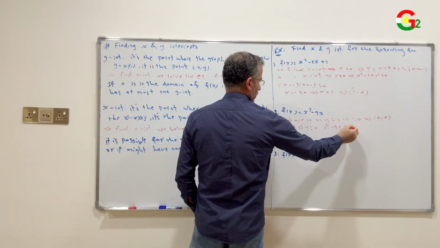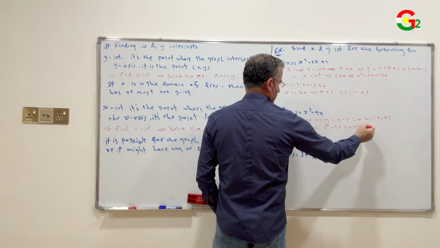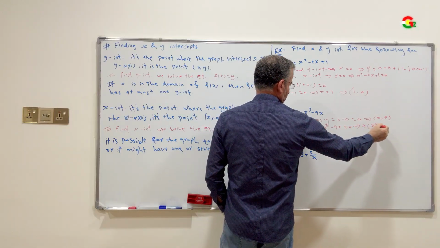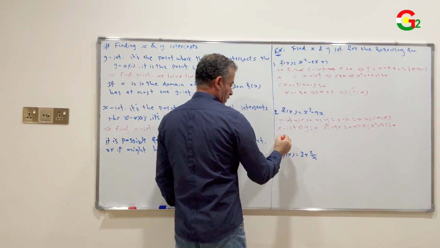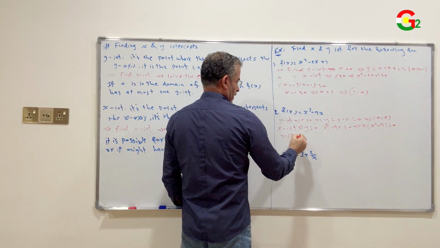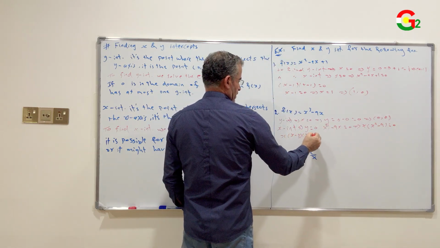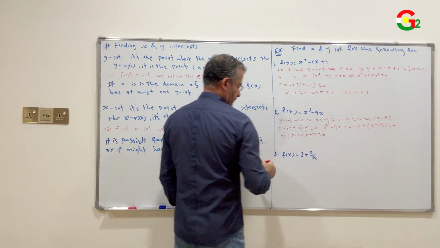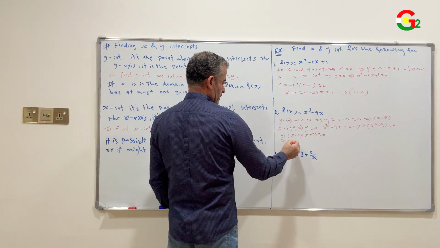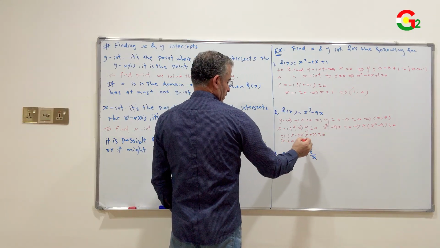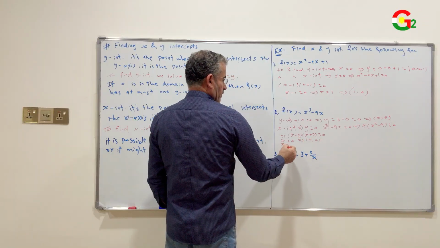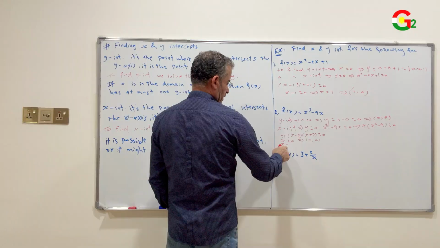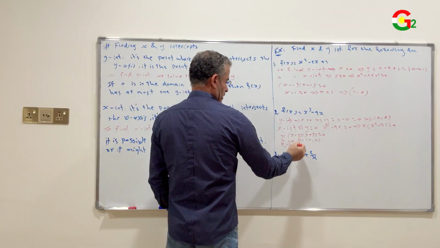To find the x-intercept, we set y equals 0 and solve the equation x power 3 minus 9x equals 0. Factorize: x times (x power 2 minus 9) equals 0. Difference of two squares: x times (x minus 3)(x plus 3) equals 0. Either x equals 0, the first point (0, 0), or x minus 3 equals 0.